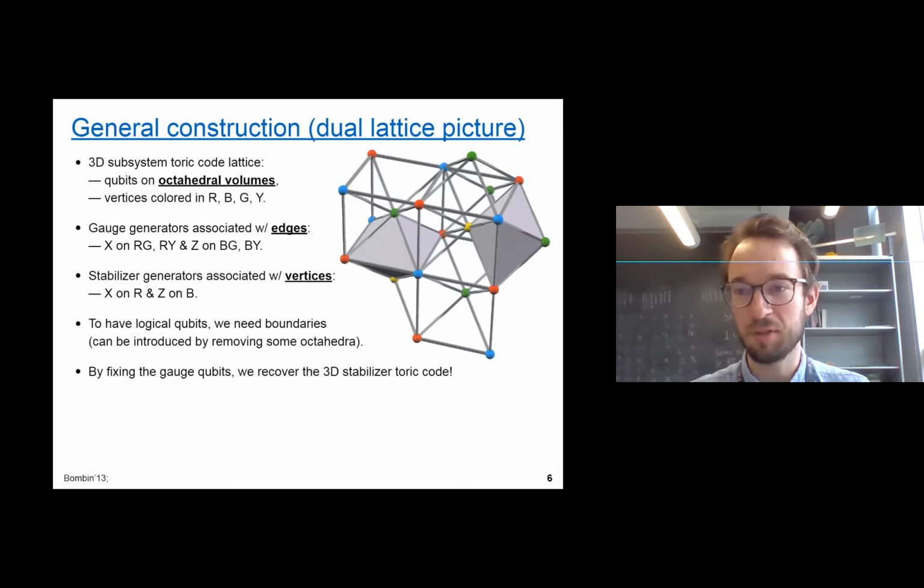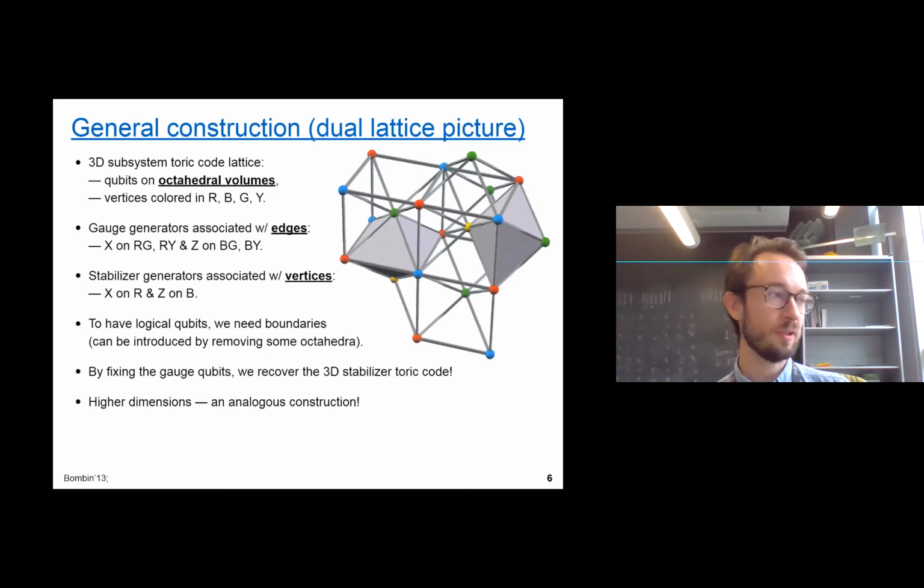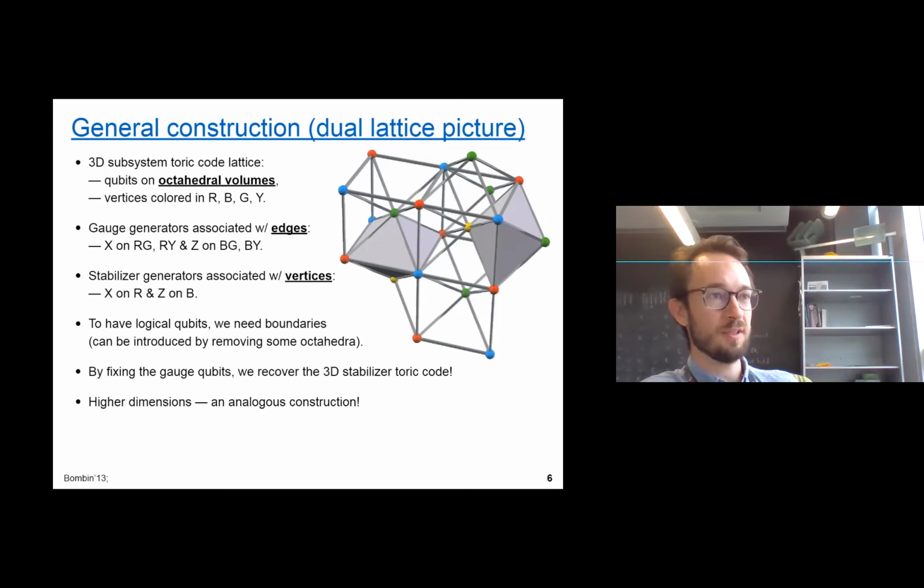So this gives you a way of constructing more codes which have the same kind of properties, but we only really looked at the one I showed you last time. But we wanted to include this to show that it's a more general thing than just this one example. And the nice thing is also we have a construction for this in higher dimensions.